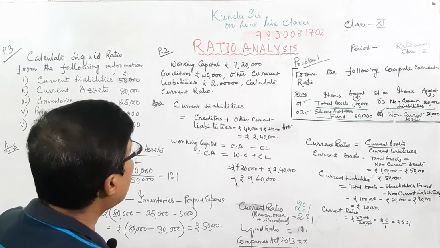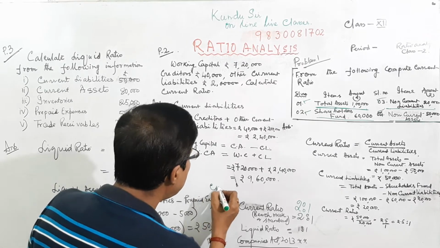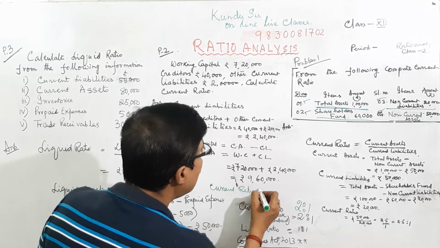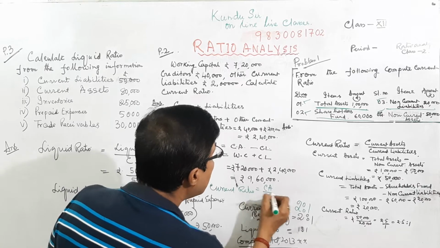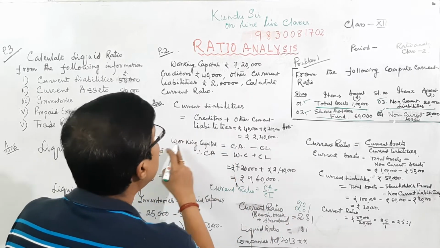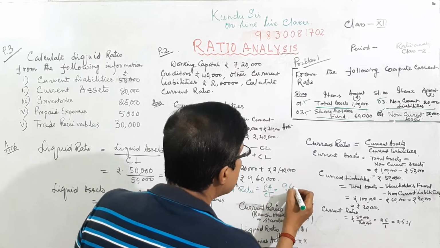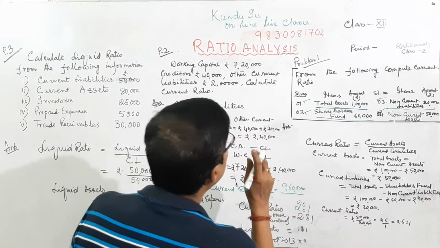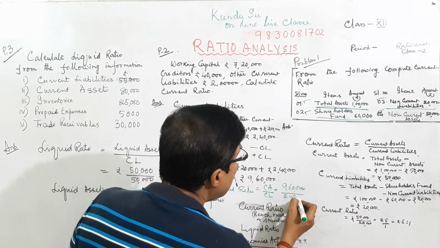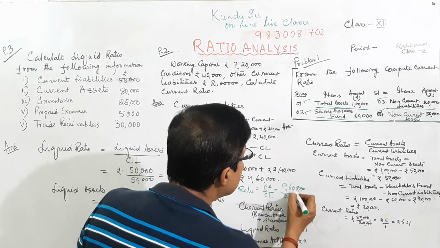So the current ratio equals current assets upon current liabilities, which is 9 lakh 60,000 divided by 2 lakh 40,000. We are cancelling the zeros.